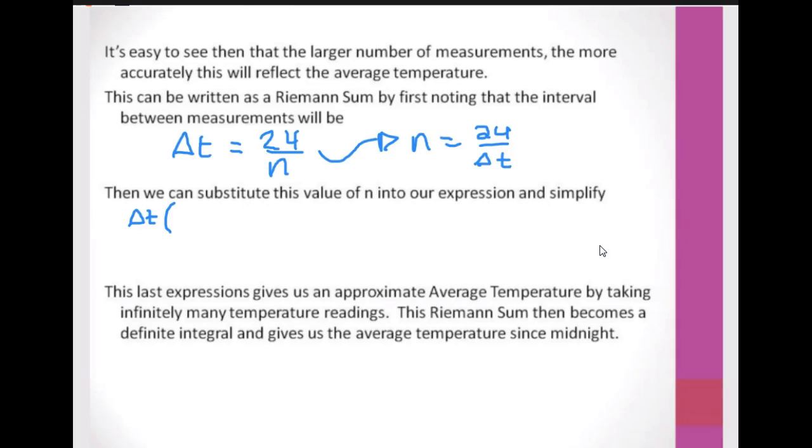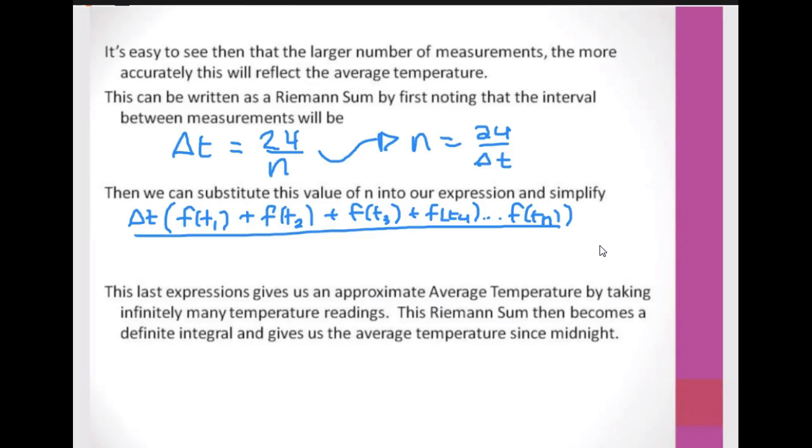And then you sum up all of your times, and then you divide that by your total number.